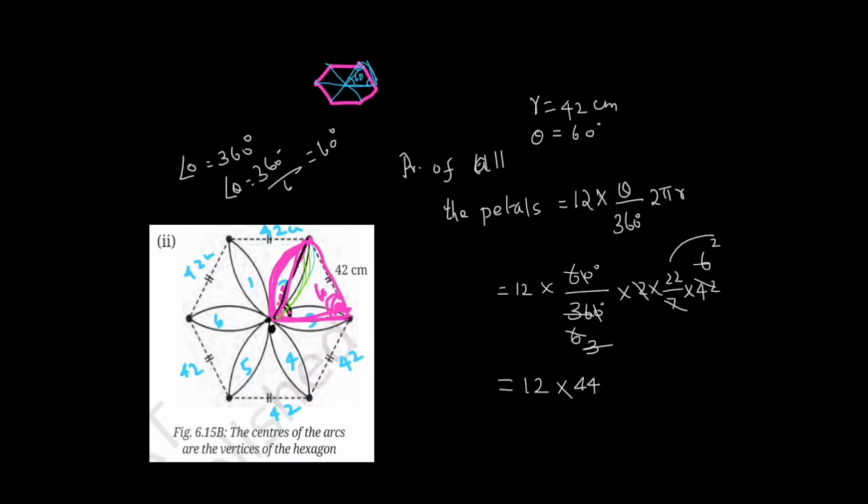Multiplying, 44 into 12, 8, 8, 4, 4. So 8 to 528. So the perimeter of all the petals is nothing but 528 centimeter. I think you understood the question.